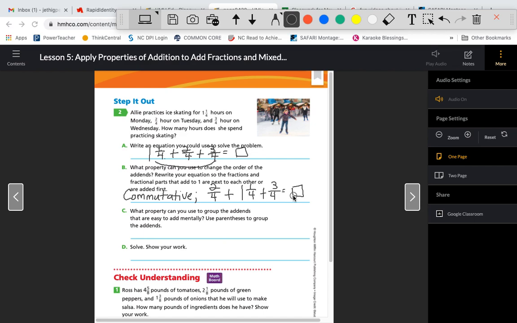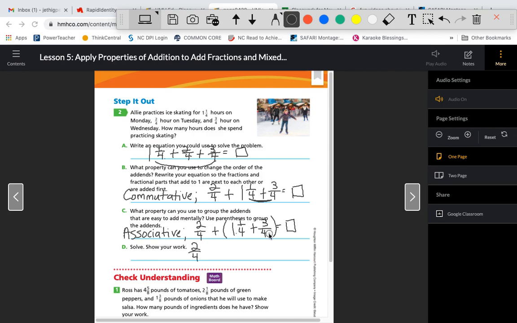Then we're going to use the associative property. And this time we're going to regroup, and we're going to use parentheses to group the addends together. So we had 2/4, and we want to mentally add these 2 fractions together. So we're going to put parentheses around them. And then we're just going to solve. So let's look at our equation up here.